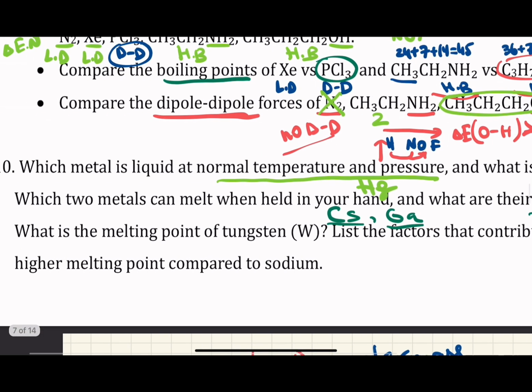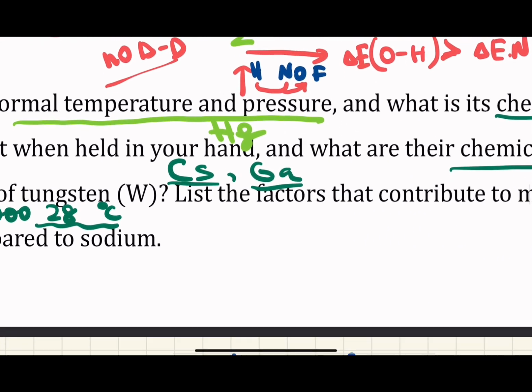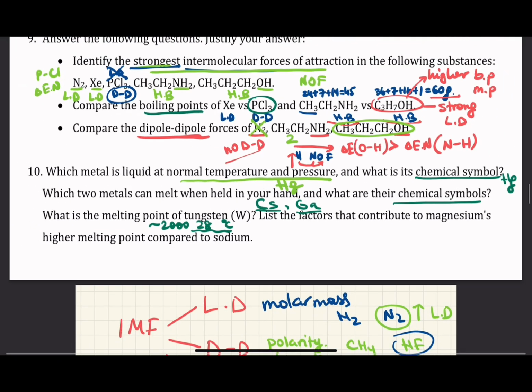What's the melting point of tungsten? I think it's about 2,800 something. You need to check it for yourself for sure. Okay, so it's around 2000s, I believe. And then it's asking to list the factors that contribute to magnesium's higher melting point compared to sodium.